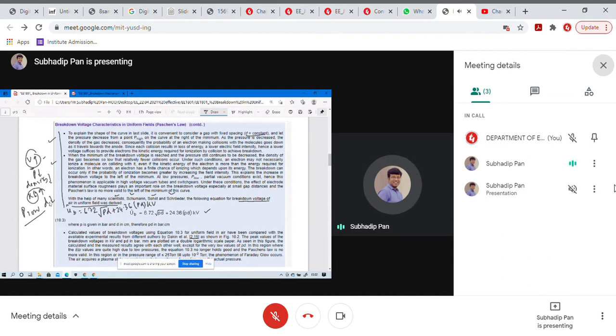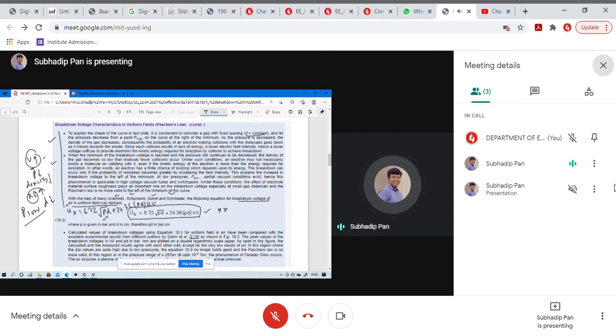So what is the equation of the breakdown voltage? The equation of the breakdown voltage that is satisfied by the experimental observations is this. This is a very important equation, right?